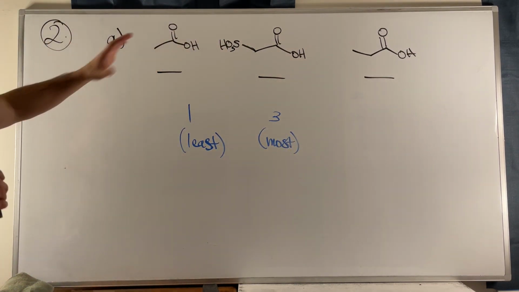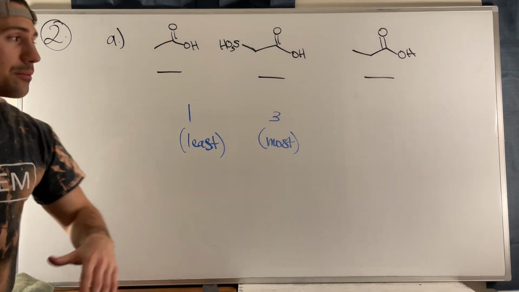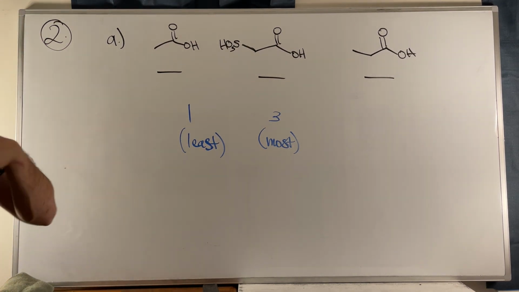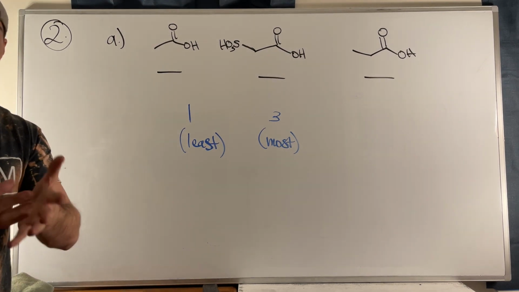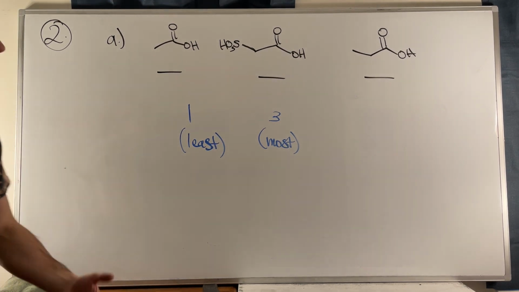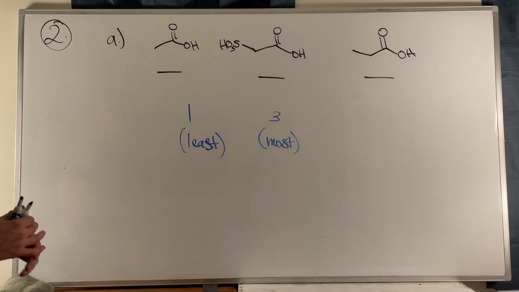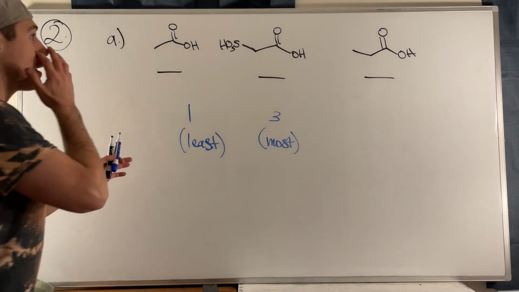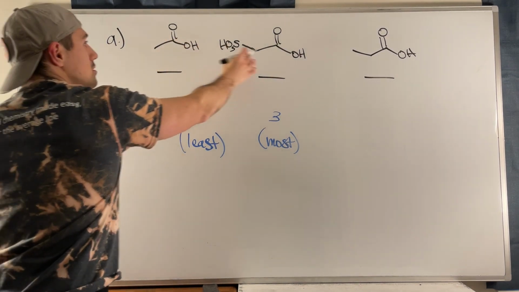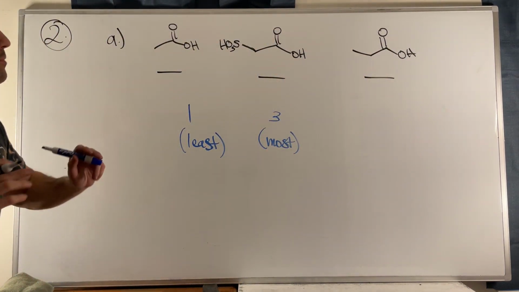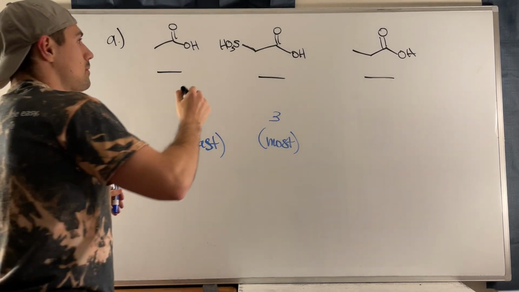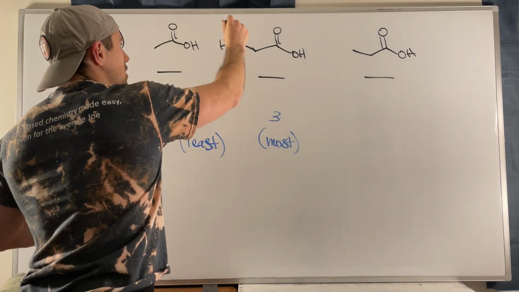So, they're all carboxylic acids. We know that, right? So there are obviously some visible small differences, and we just need to make sense of what they are and how they affect the relative acidities of these 3 carboxylic acids. So, if we take a look here, we all see that there are 2 carbons, but this one is 3 carbons. So, noted. And the other thing we see is this group right here, this sulfonyl group.